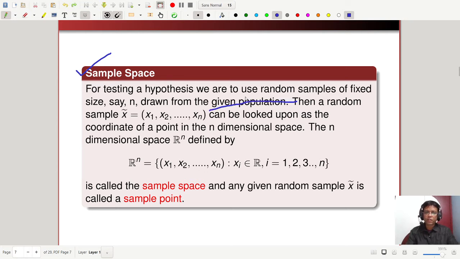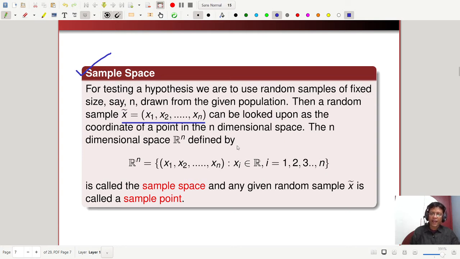Then a random sample x tilde, which contains an n-tuple, can be looked upon as the coordinates of a point in n-dimensional space. You can consider it as a point in n-dimensional space.